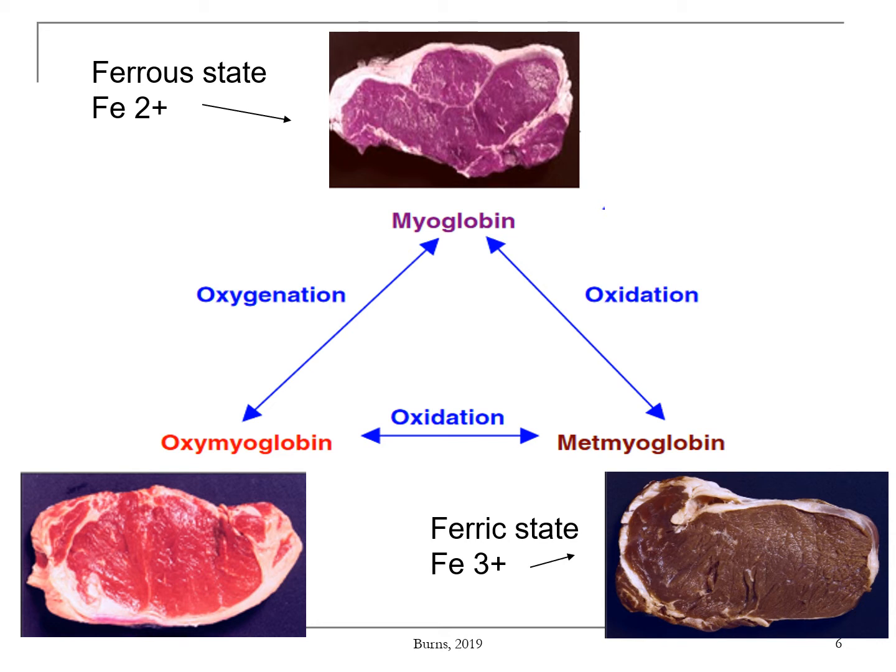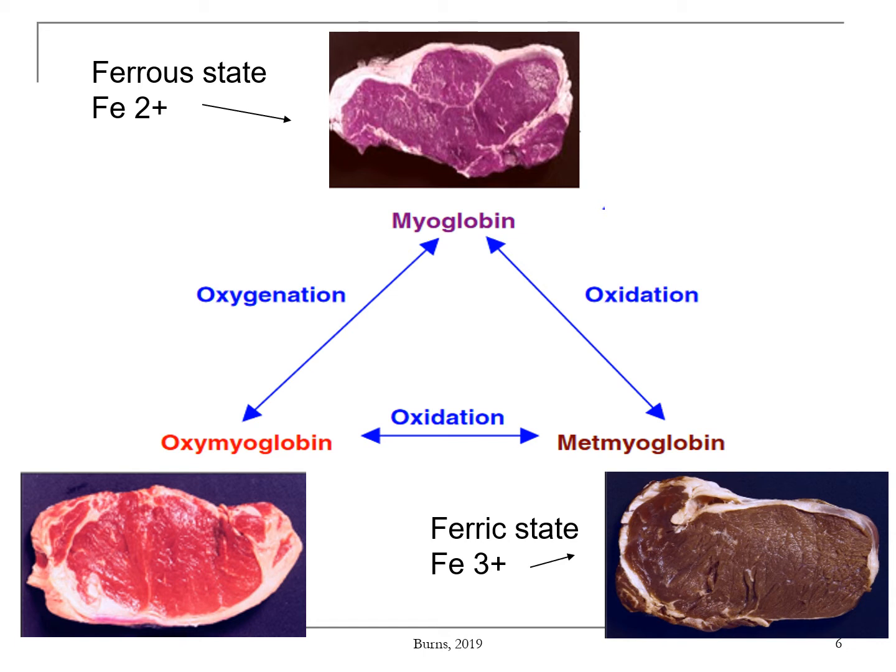So even though myoglobin is secondary in the amount of that color pigment, it has more impact on the color pigmentation than the hemoglobin. So it is the myoglobin that leads to the purplish red color when the meat is fresh and protected from air. That's the top of your slide there.